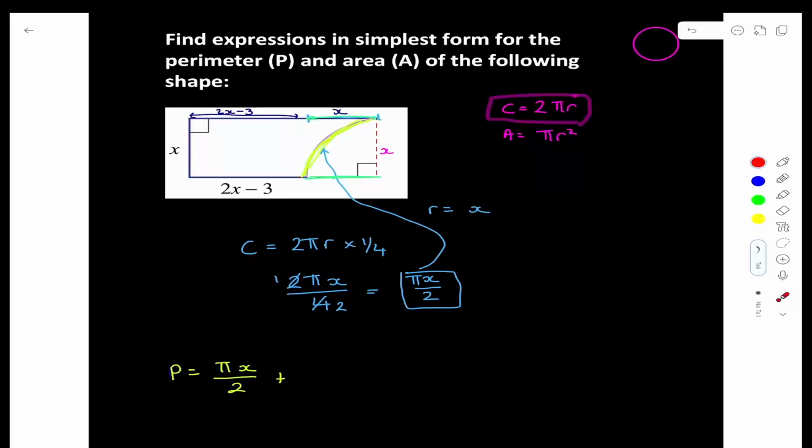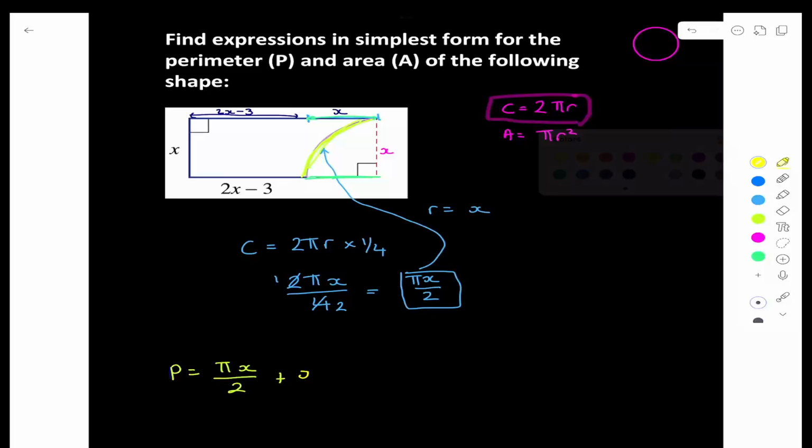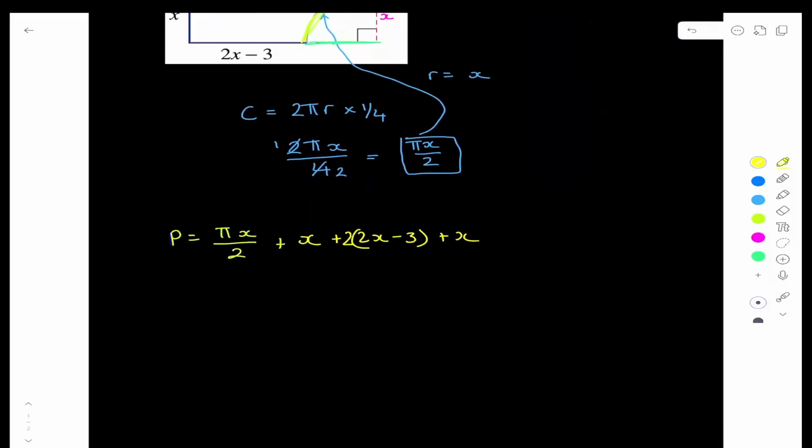So let's just write that out, and then we're going to simplify it. So it was plus x plus 2x take 3, and we've got two lots of that, so we could just put a 2 outside, plus another x, and that gives me the perimeter.